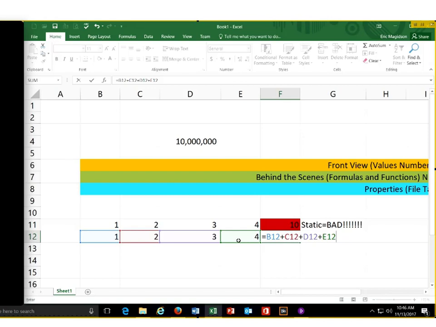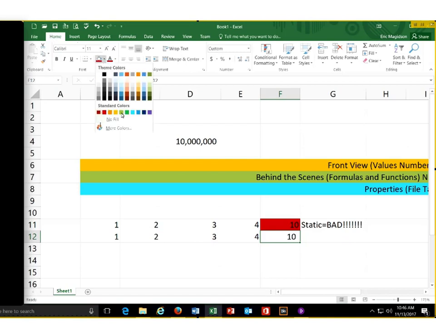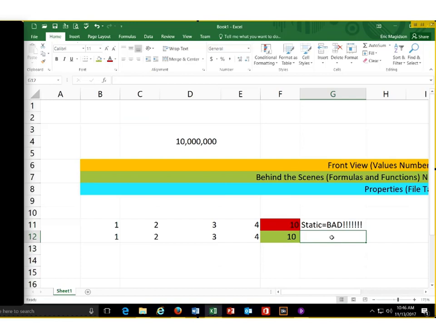So here we go. This is a dynamic formula, okay? Now, it's not the perfect way to add up these 4 numbers, but it's a start. Because now if I hit enter, do I get the same result? Yeah. However, did I reference any of those numbers in my formula? No. So do the numbers matter? No, the numbers don't matter.